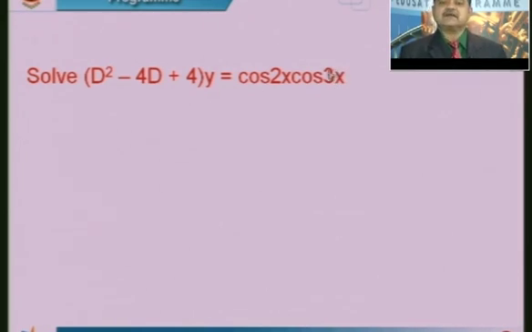In other words, I have the form cos 2x cos 3x. I should write cos 3x cos 2x. In other words, in cos A cos B, A should be greater than B. So, I should take A as 3x, B as 2x.